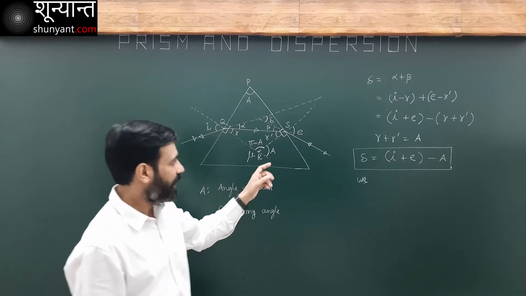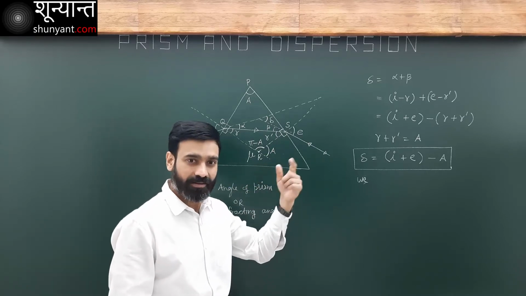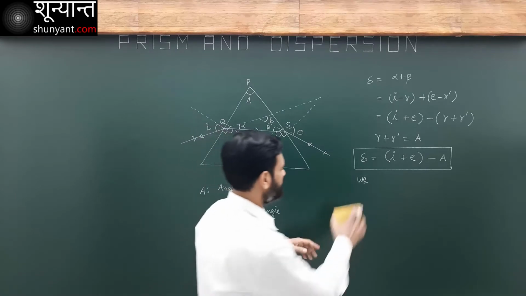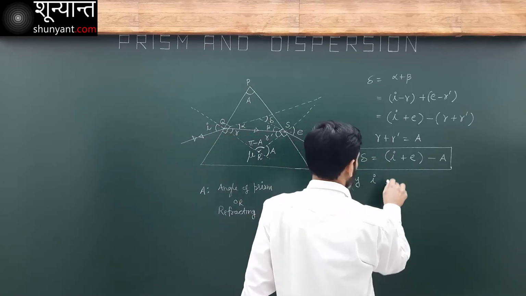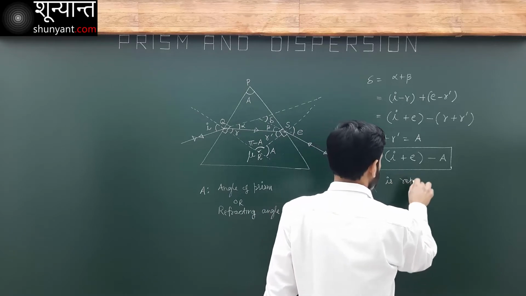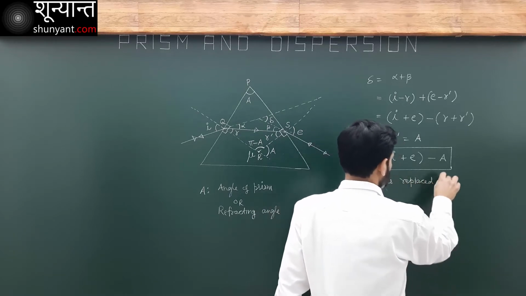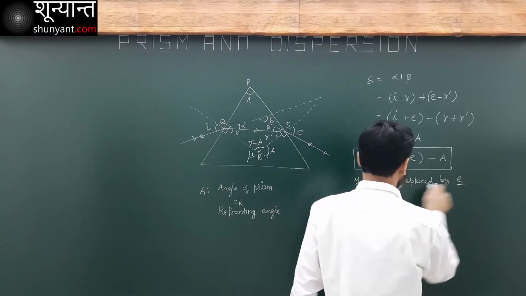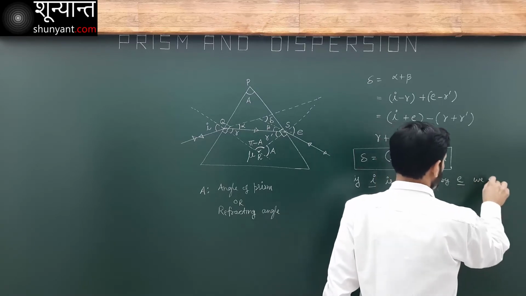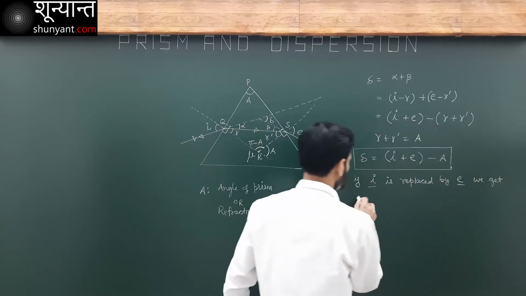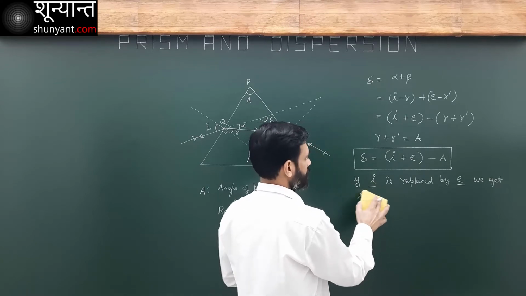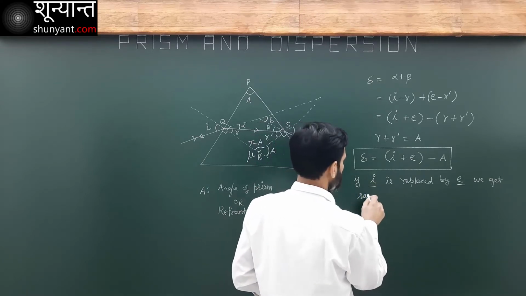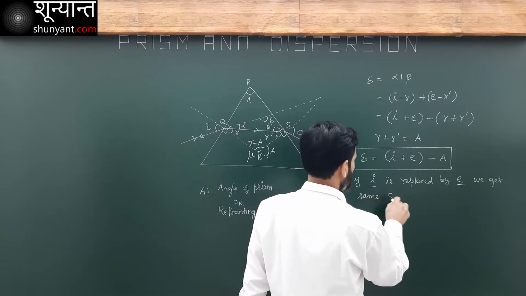Okay? So if I is replaced by E, we get the same delta.